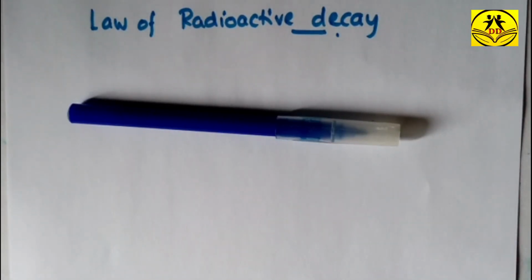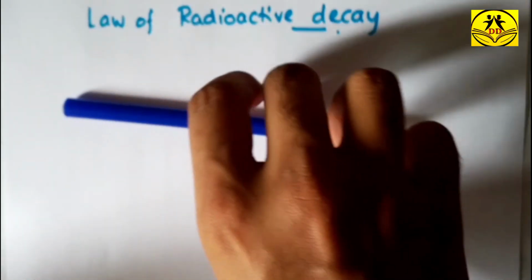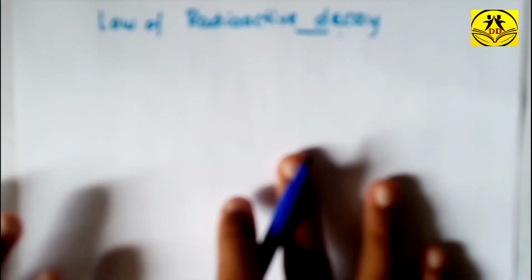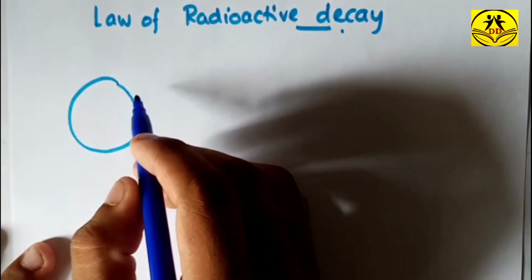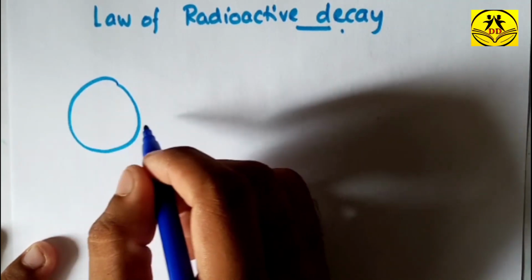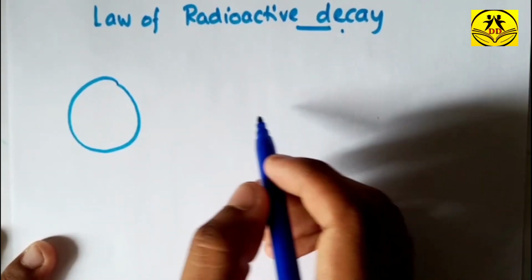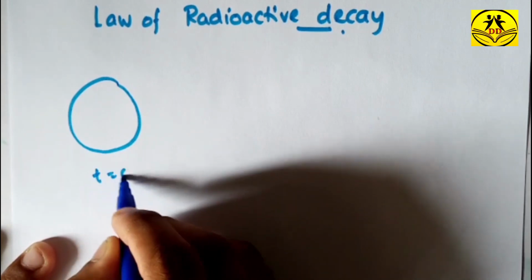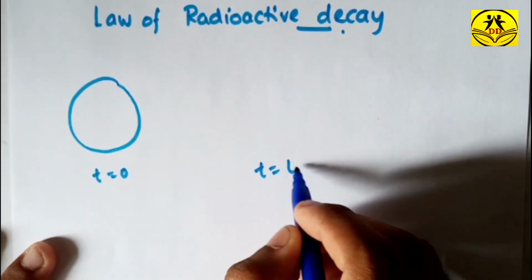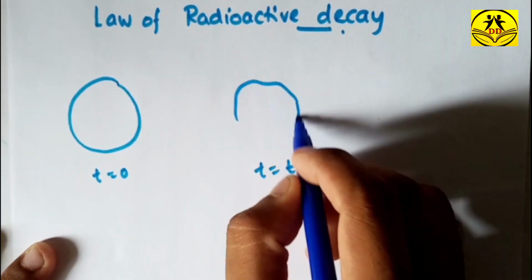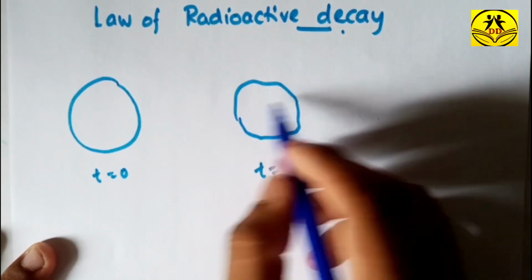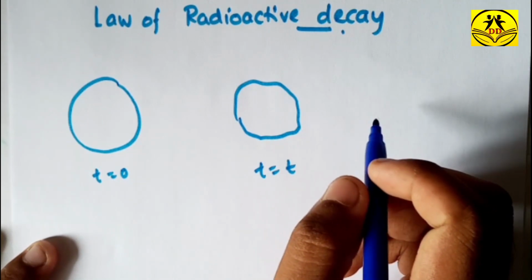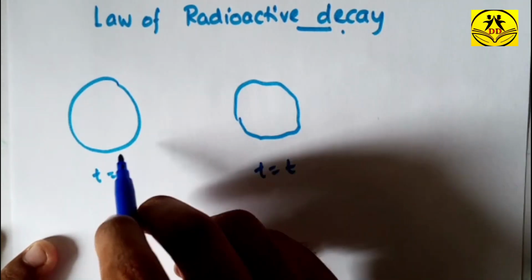Now we're going to focus on the laws of radioactive decay. What is radioactive decay? When we take a mass, or rather a certain number of nuclei of a certain radioactive element, after a period of time, we can observe that the mass or the number of nuclei inside this radioactive element is lesser than the previous value.